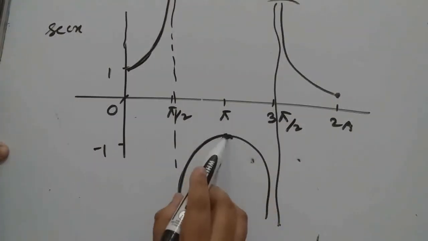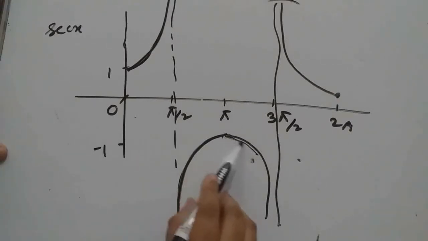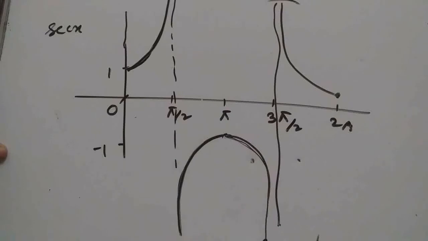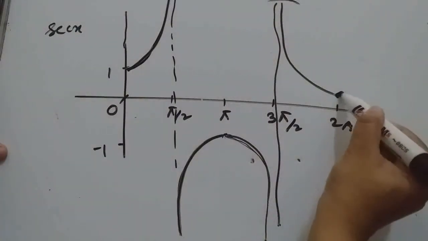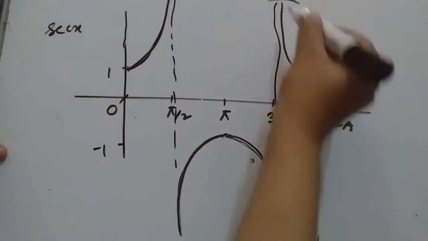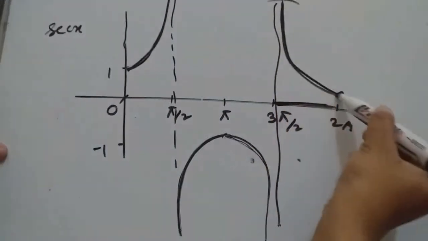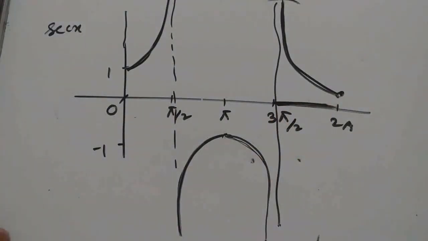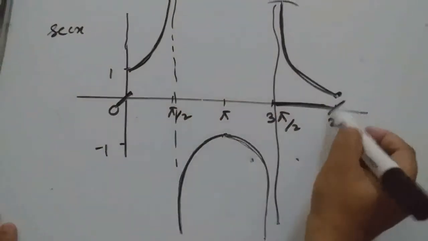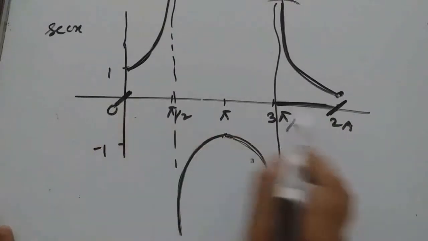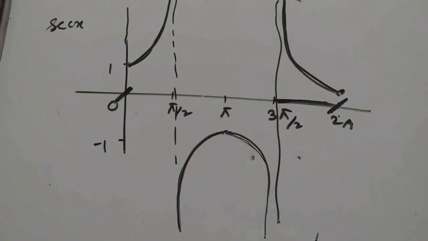Then in the third quadrant it decreases from minus 1 to minus infinity, and here in the fourth quadrant it decreases from infinity to 1. So this is the behavior, and this is also periodic in nature, and the interval is the same, that is 2 pi.